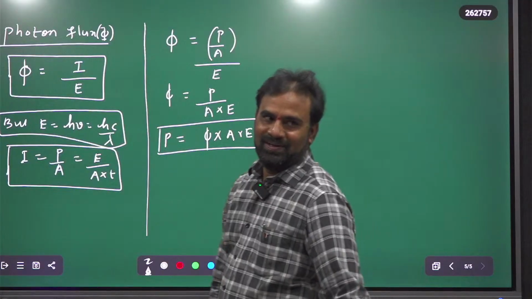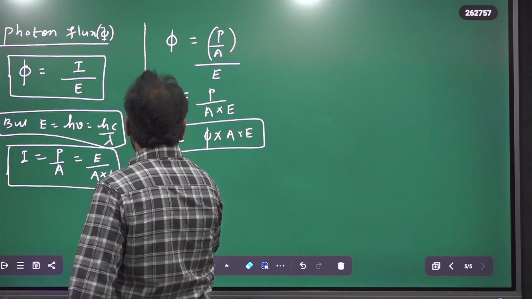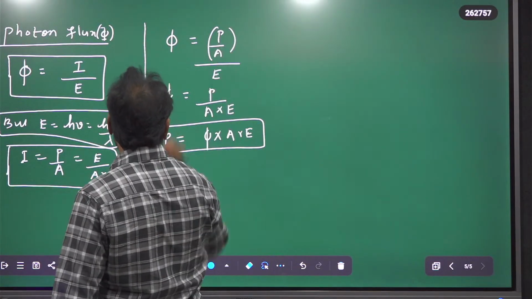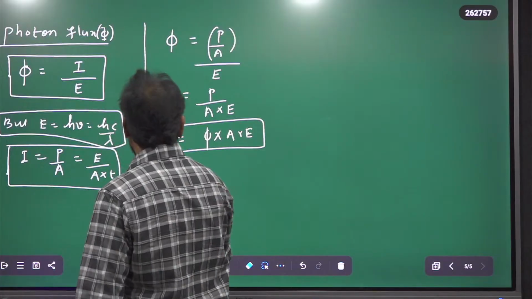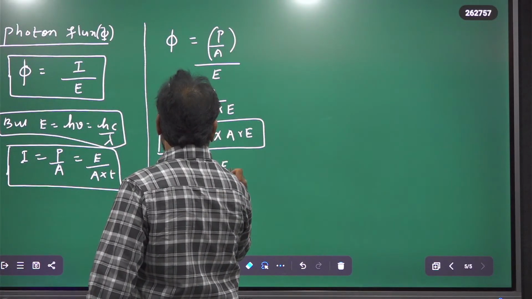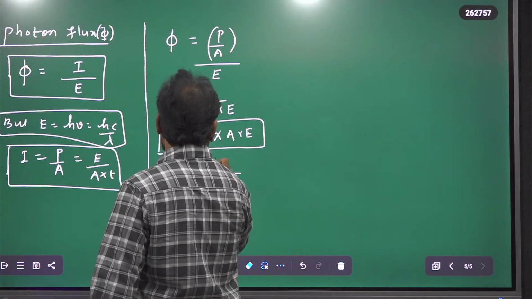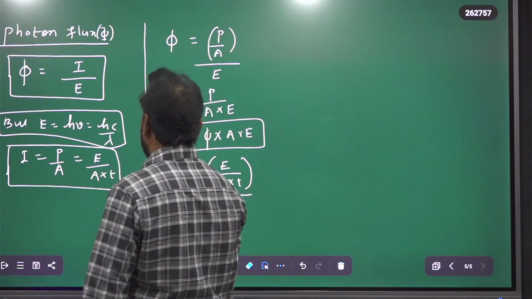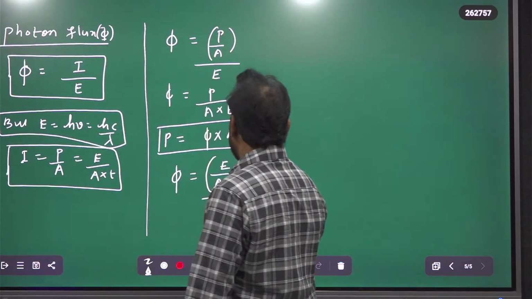Next, I am writing in the form of energy. That is, phi is equal to P upon A, where I is equal to E upon A into T, whole divided by E. Is it clear?